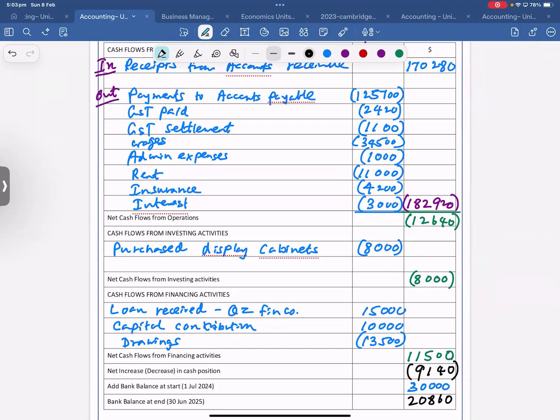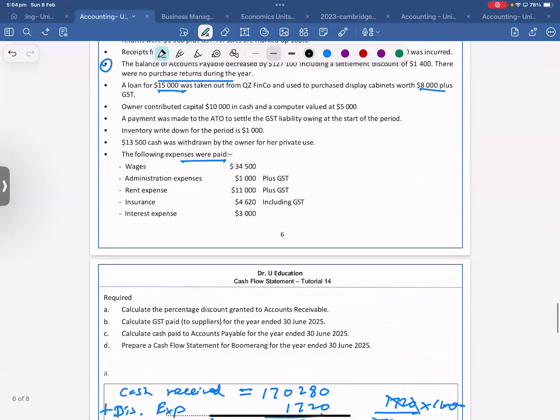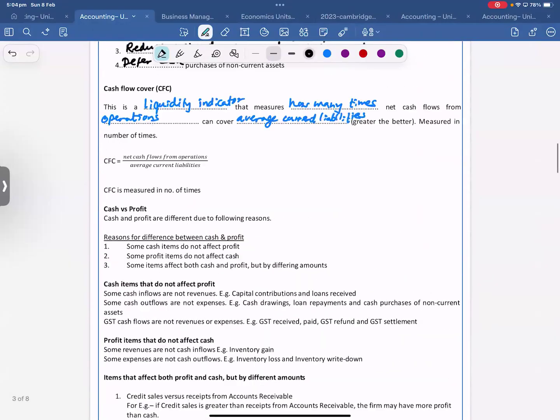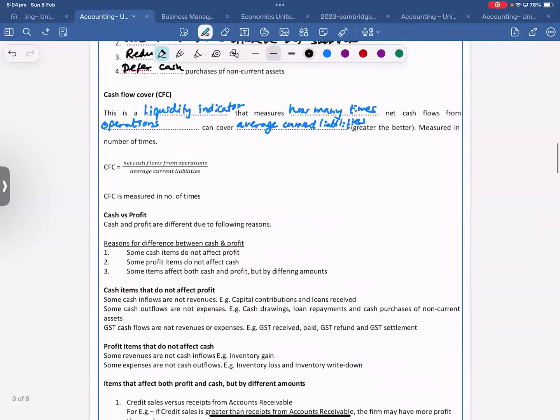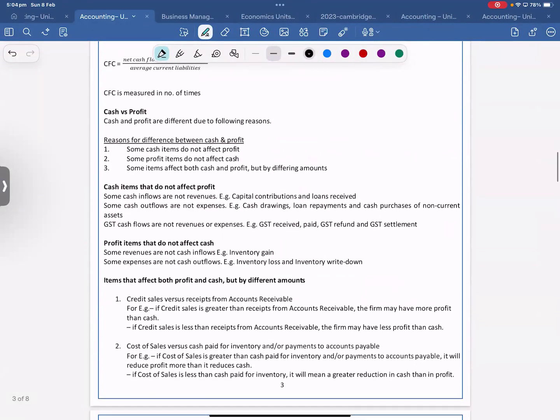Okay, guys. Now we have to do the remaining theory for the cash flow statement. Sorry, but more legal things to account payable.